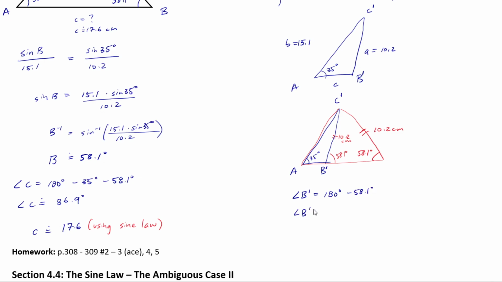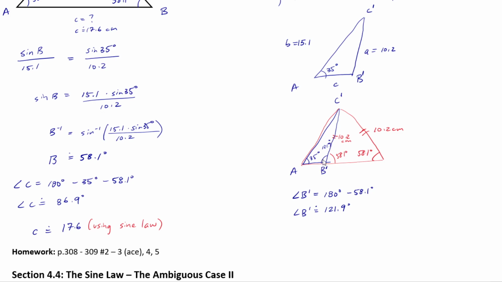So angle B prime is actually equal to 121.9 degrees. Again, I'm going to put a little dot over there because 58.1 was approximated.